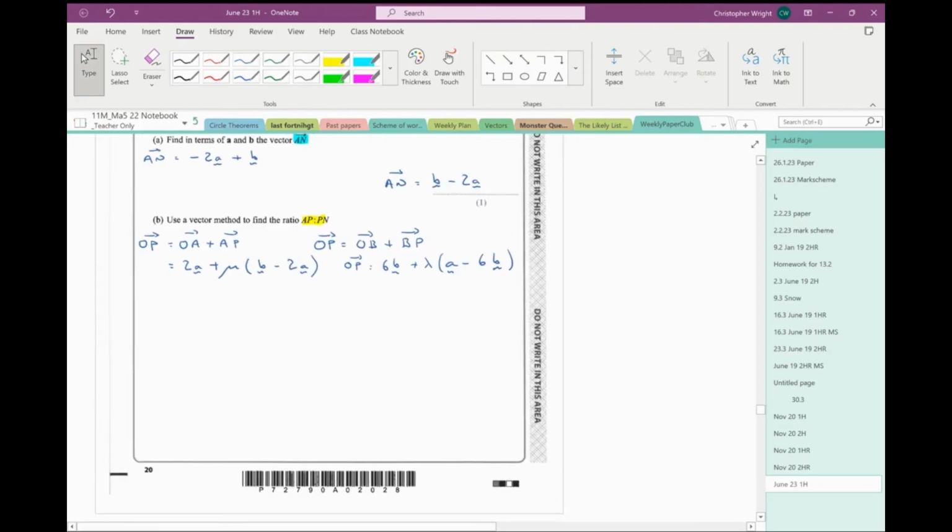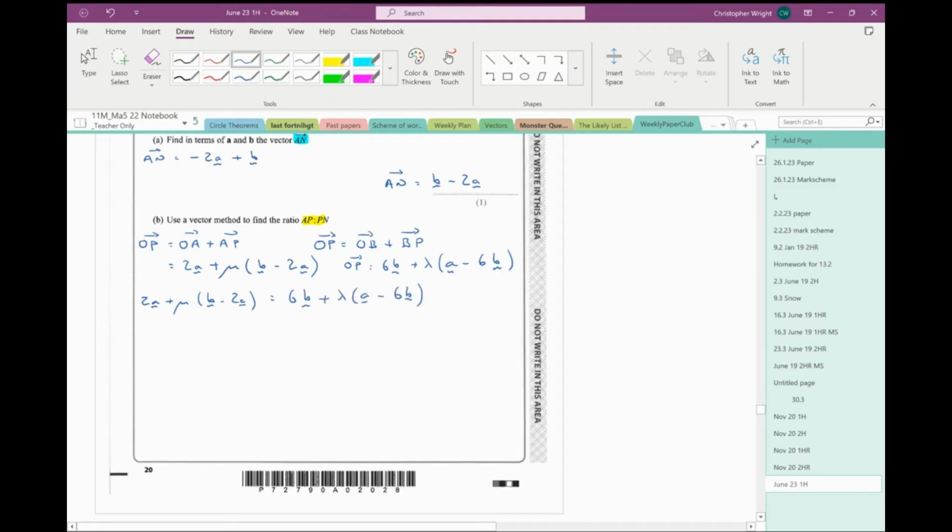Right, now I've got two expressions here for OP, so I'm going to put them equal to each other. So I have 2A plus mu (B minus 2A) equals 6B plus lambda (A minus 6B).